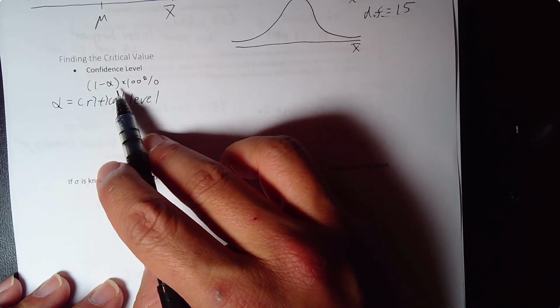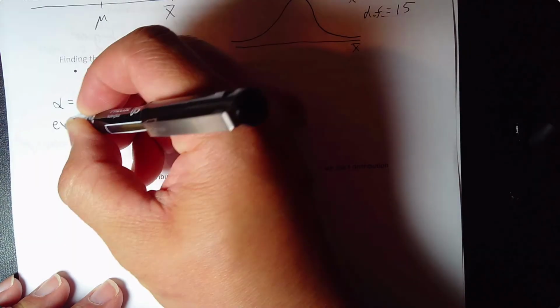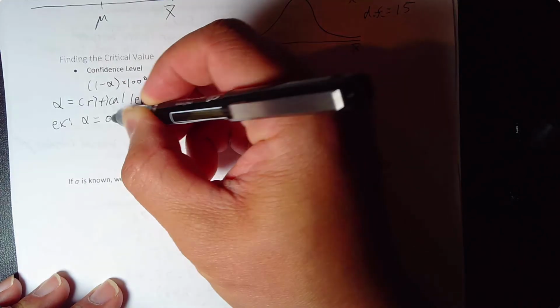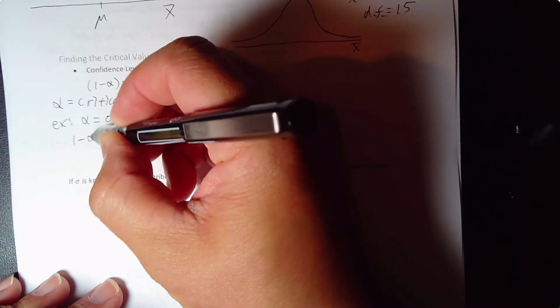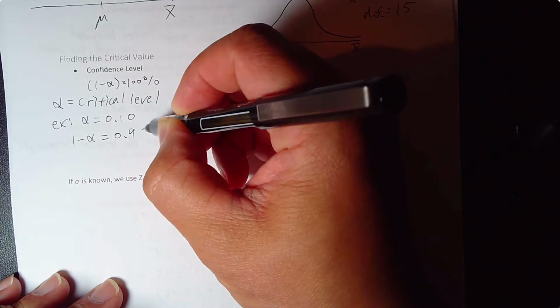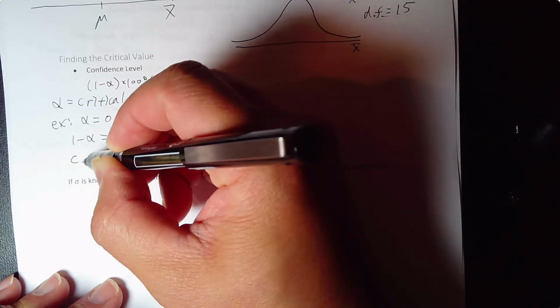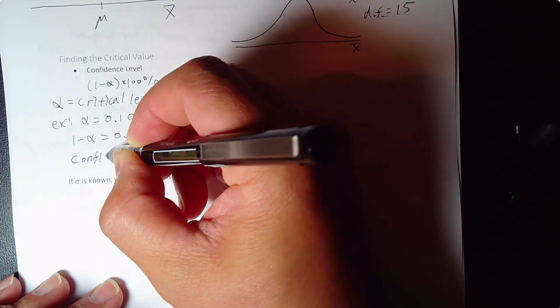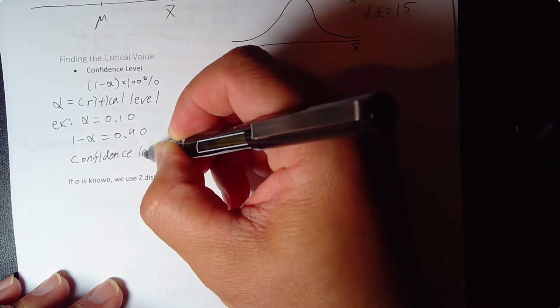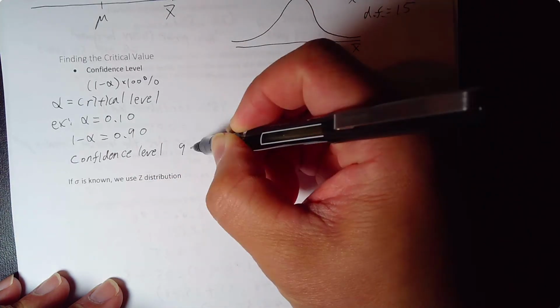Examples. So if alpha equals, let's say, 0.10, then 1 minus alpha will equal 0.90. That means our confidence level will be 90%. It's 1 minus alpha times 100%.